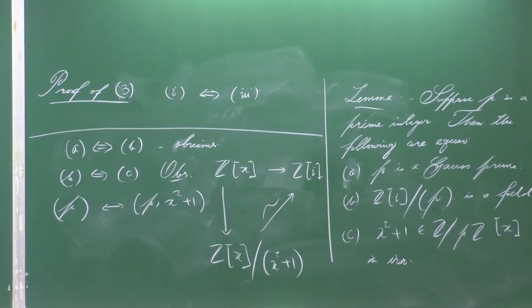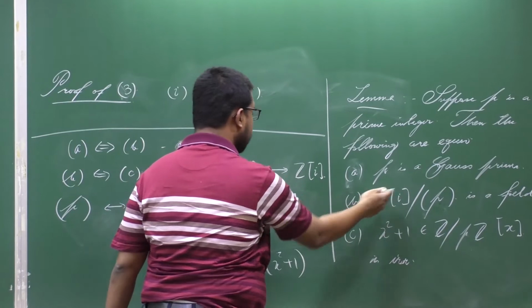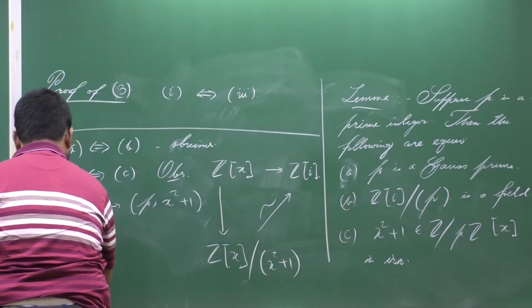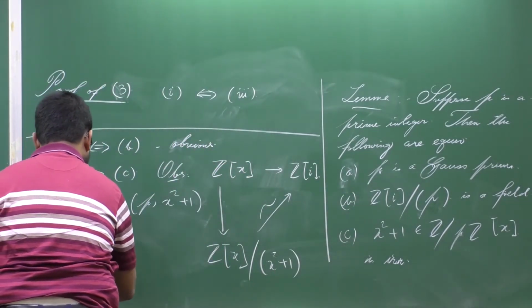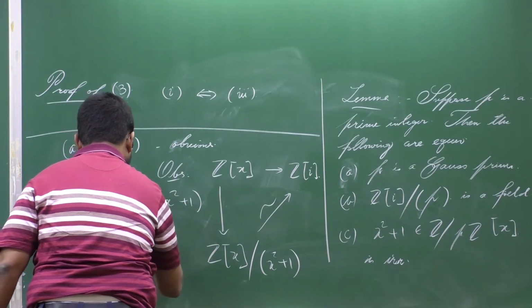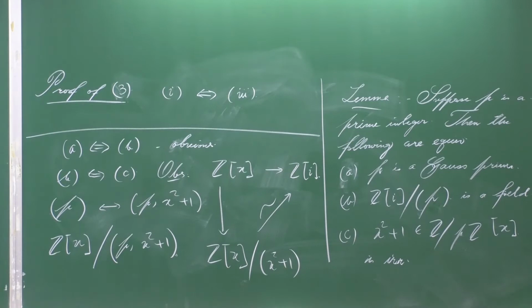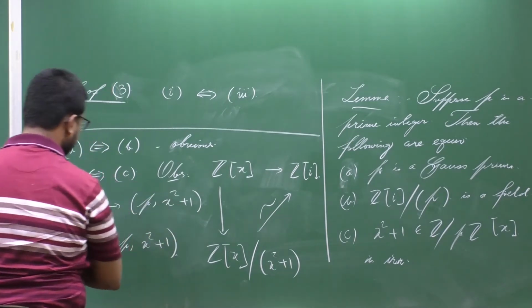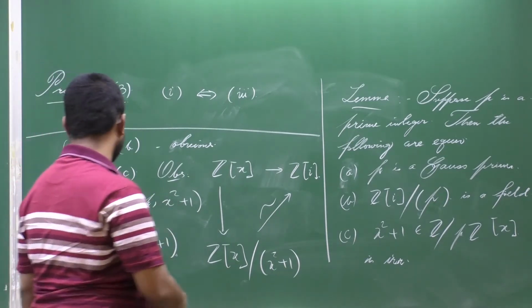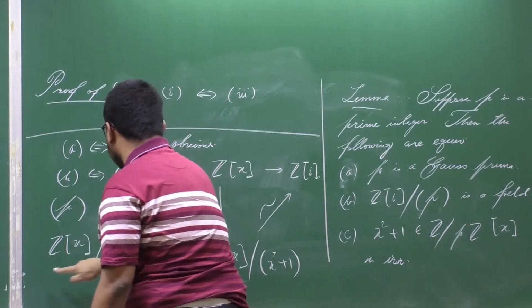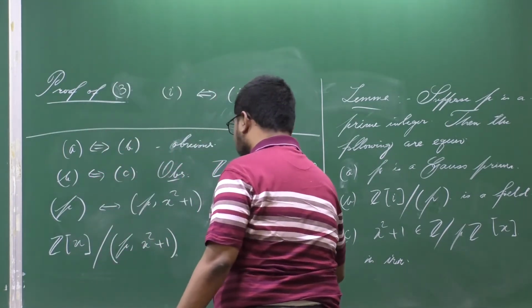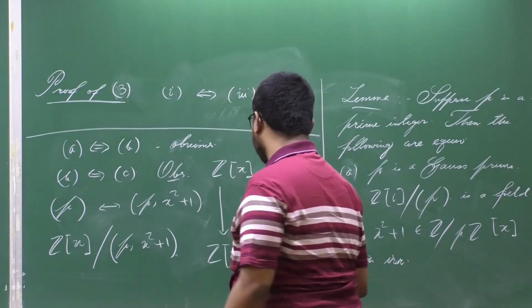So therefore, Z[i] modulo this p is the same as this quotient. This is a very general observation. Now we have to analyze this quotient ring, and that is actually easy. I may simply remove this part now.